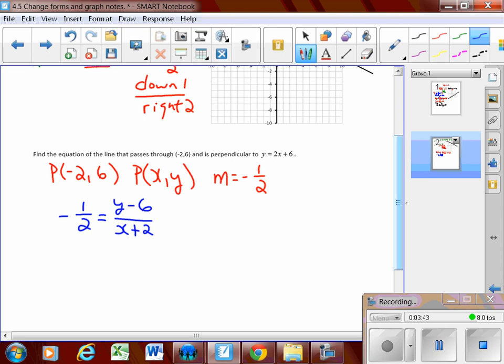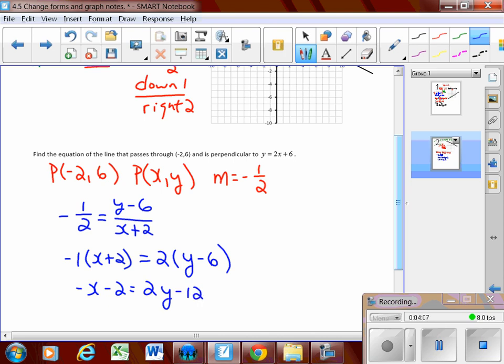When I go to change my equation to a new format, I'm going to cross multiply. So negative 1 times x plus 2 is the left side of the equation. I'll put an equal sign in the middle, and that equals 2 times y minus 6. So now I have negative x minus 2 equals 2y minus 12.